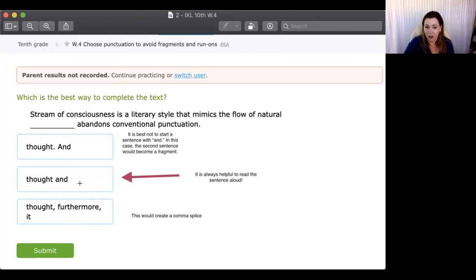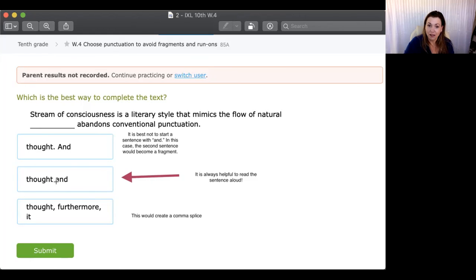This one does, though. Stream of consciousness is a literary style that mimics the flow of natural thought and abandons conventional punctuation. Why don't we need a comma in front of that and? Didn't we just have a lesson that discussed that? Well, we don't put a comma there because what's happening here? We're listing 2 things.